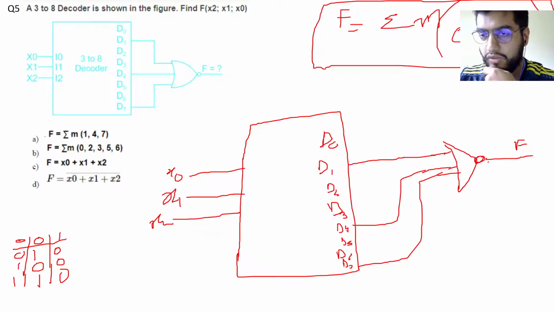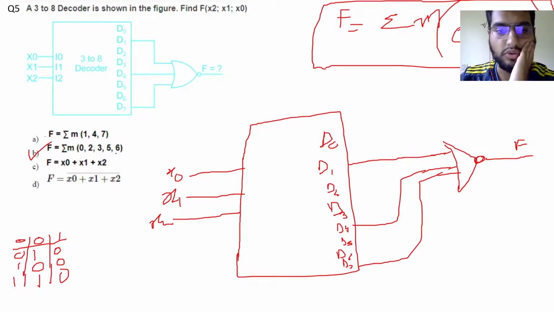F will be equal to 1 when all three of them are 0. They will be 0 when any of them is equal to 1. So we have f equal to the sum of minterms 0, 2, 3, 5, 6.